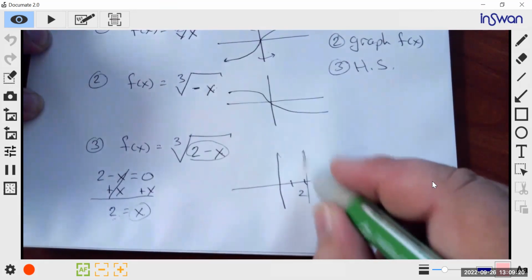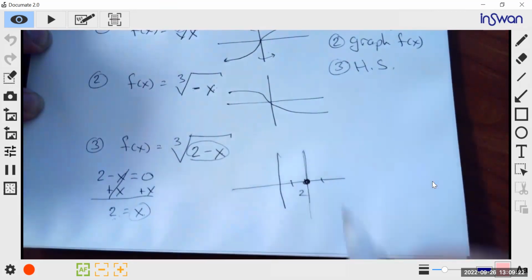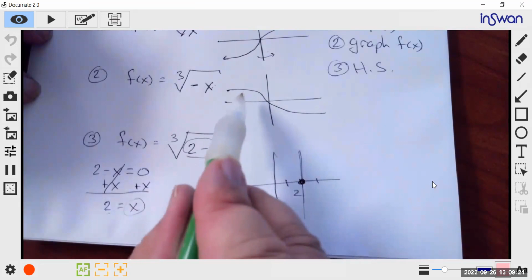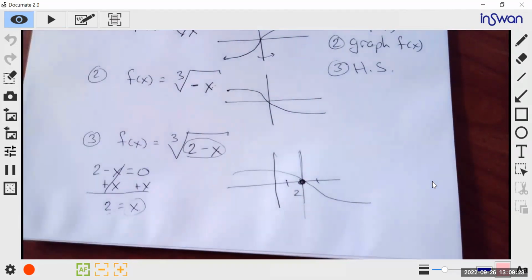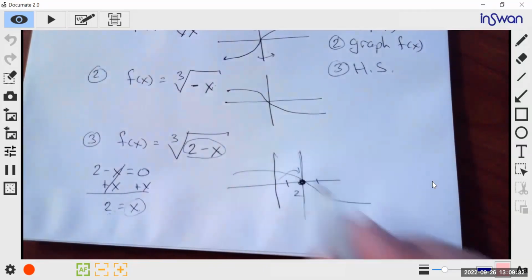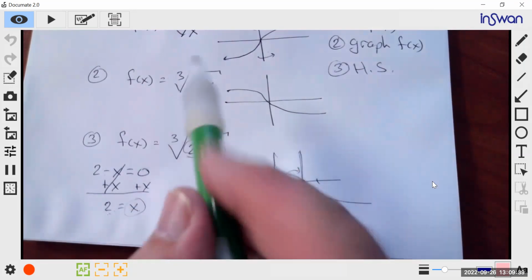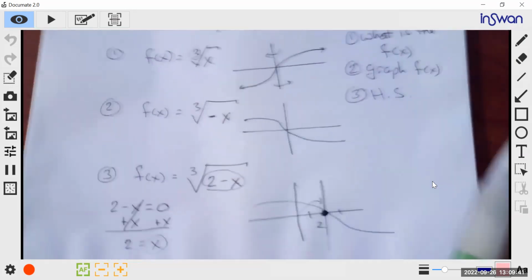So there's my new origin right there. So this graph now crosses through there. It's shifted over 2 spaces to the right. We know it's horizontal because it's happening inside the function.